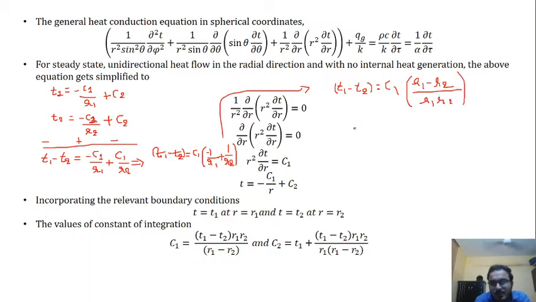So the value of C1 that we are getting over here is C1 is equal to T1 minus T2 into R1 R2 divided by R1 minus R2.